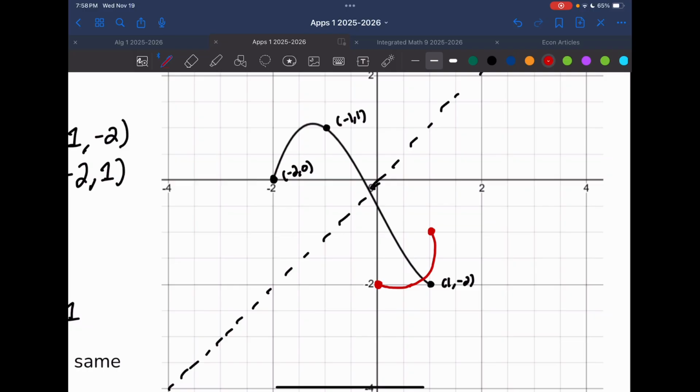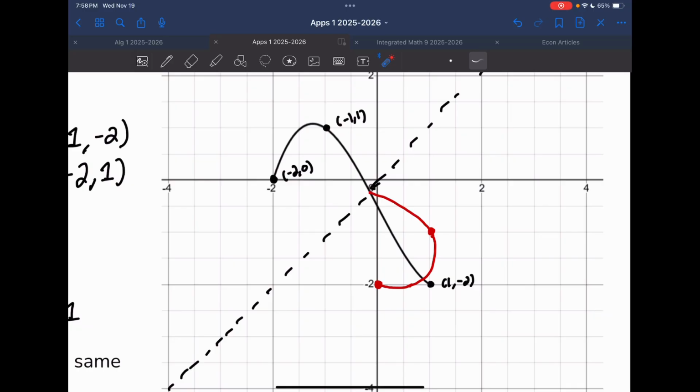And then another useful tip here is that a function and its inverse will always intersect at the points where they cross the line y equals x. Right? Wherever you cross y equals x, your function and your inverse should cross. Because there, when you flip x and y, well, they're the same thing. So they should be the same point on either function.